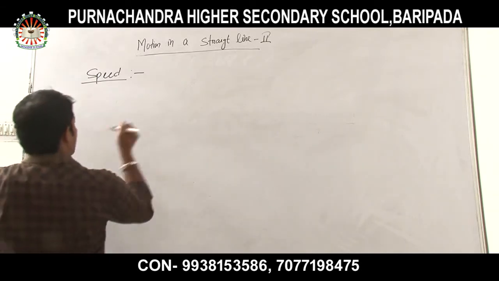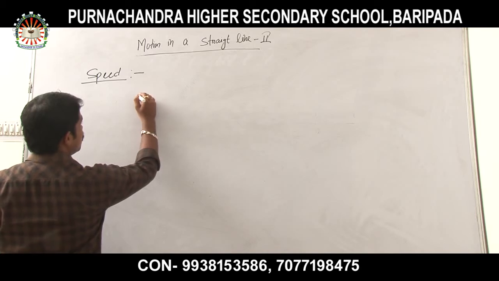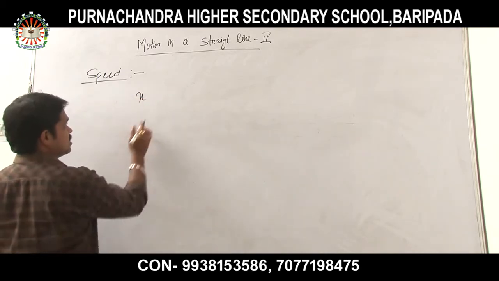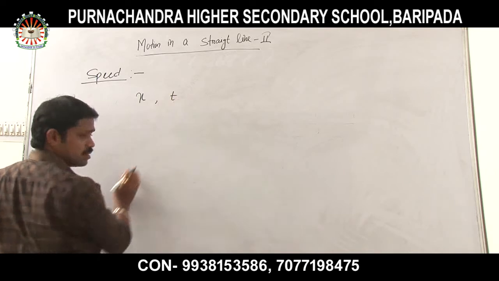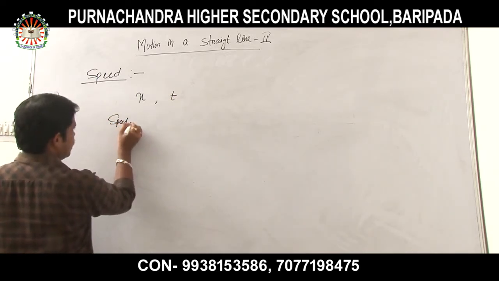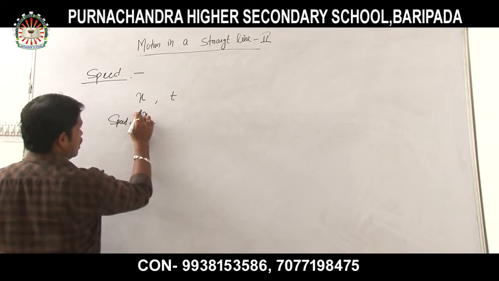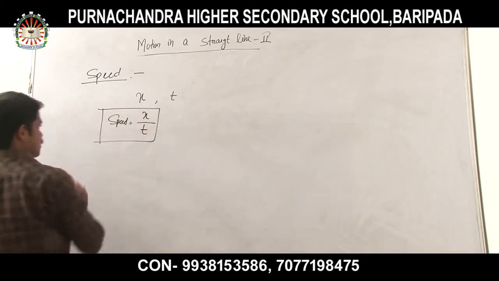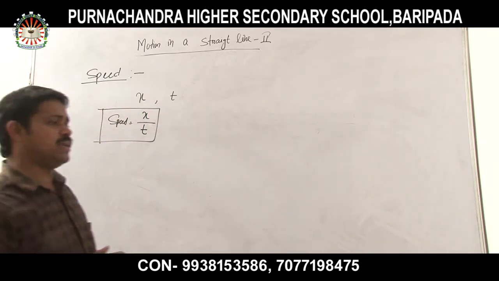So that means, suppose x is the distance covered. Listen very carefully. Suppose x is the distance covered at a time t. So now what is the speed? Now speed is equal to the distance covered divided by t. Speed is equal to x by t.